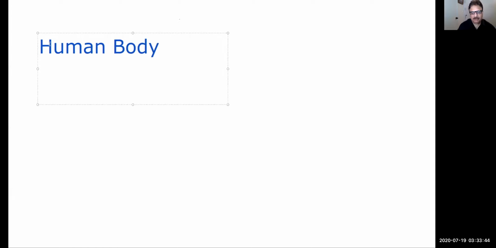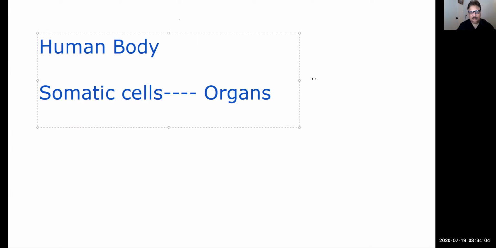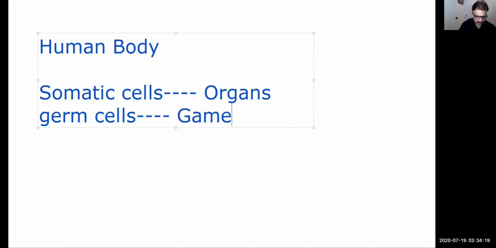One category of cells is called somatic cells, which are maximum in number, and they're responsible for developing organs and tissues, and they are in the majority. The second kind of cells are called germ cells. Germ cells are mainly responsible for the generation of gametes.